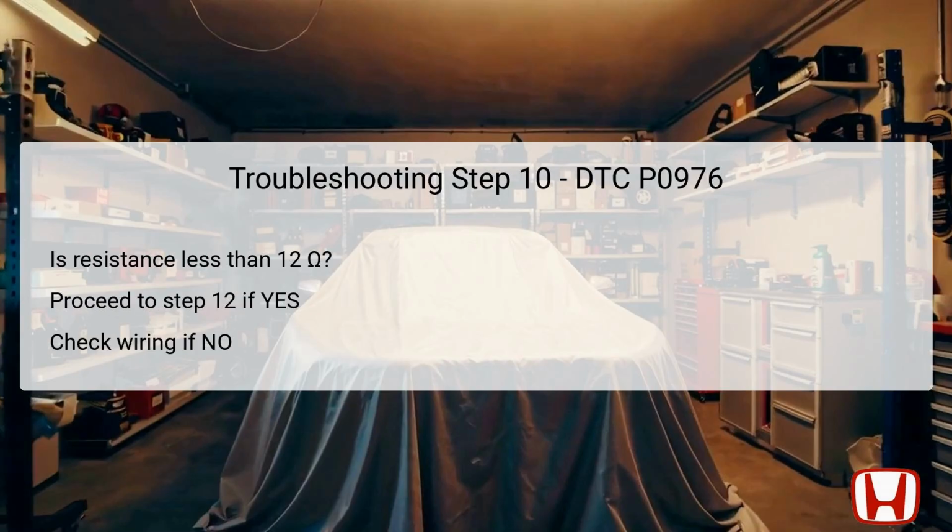Evaluate the resistance measurement obtained in the previous step. If the resistance is less than 12 ohms, this is a positive sign that indicates a well-functioning circuit between terminal C28 of the PCM and body ground, allowing you to proceed to step 12 for continued testing. On the other hand, if the resistance exceeds the 12 ohm limit, it signifies a problem within the wiring itself.